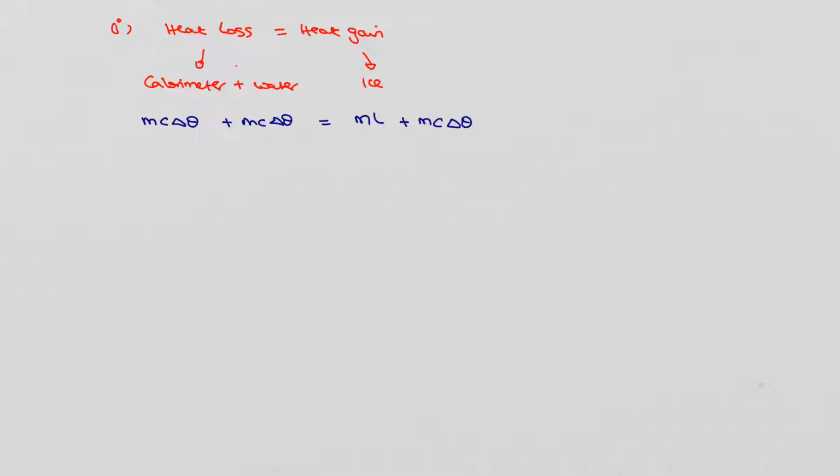So we're going to have the calorimeter, which we're told is made from copper, and then we have the water, and then we're going to have the ice, and ice is going to be fusion, and then mass of the ice, and of course when ice melts it turns into water, and the change in temperature for the ice. So I is equal to our ice, W is equal to our water, and C is equal to our copper calorimeter.